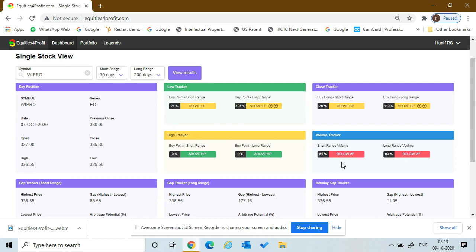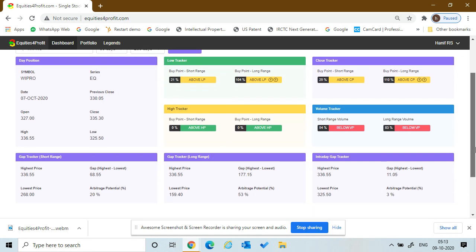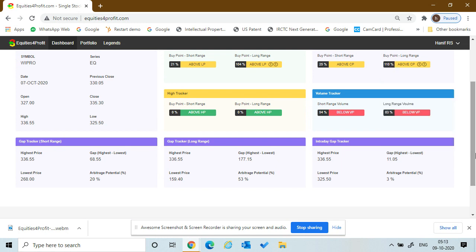The volume tracker tracks the volume of today vis-a-vis the volume of the previous 30 days or the volume of the previous 200 days. You also are provided with a gap tracker. In the gap tracker, you can see the difference between the highest and the lowest point of the stock in the short range, which is 30 days, and it gives you an arbitrage of almost 20%.